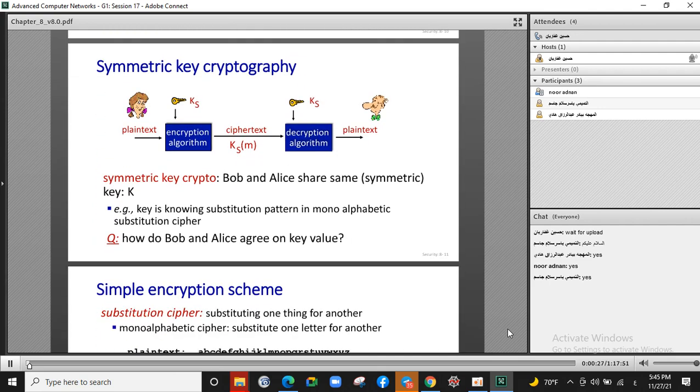Okay. During the last session, we started to talk about network security, and we talked about cryptography as one of the basic network security tools.